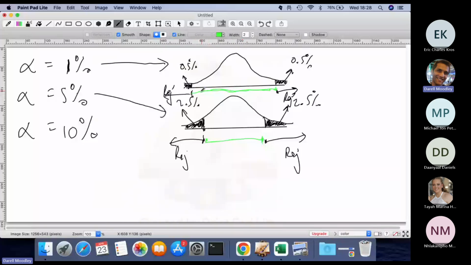The top one is much bigger. That means you have a much bigger chance of accepting H0 here, because look how big the area of acceptance is versus here. Here it is a lower region of acceptance.